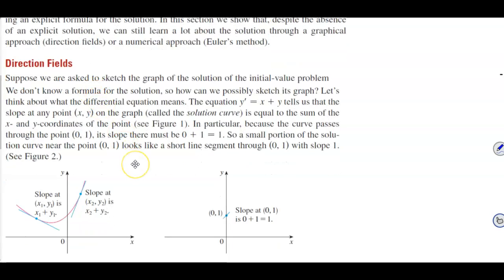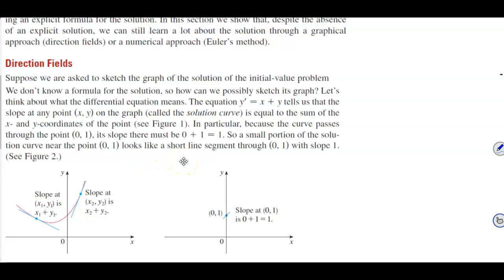So suppose we are asked to sketch the graph of the solution of the initial value problem. We don't know a formula for the solution, so how can we possibly sketch its graph? Let's think about what the differential equation means.